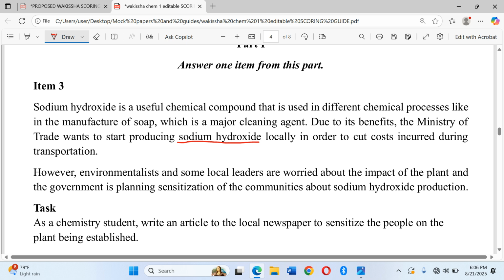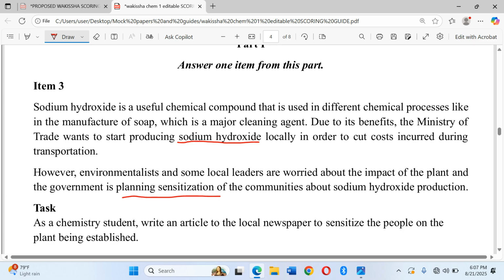However, environmentalists and some local leaders are worried about the impact of the plant, and the government is planning sensitization of the communities about sodium hydroxide production.